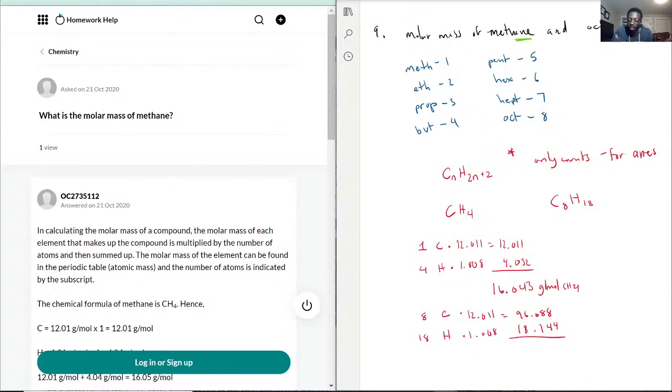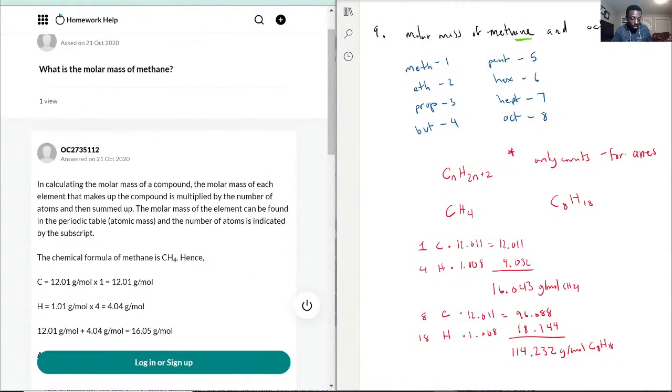Okay, and we add that together, 114.232. That's the molar mass of octane, C8H18. That will be how you answer these questions.